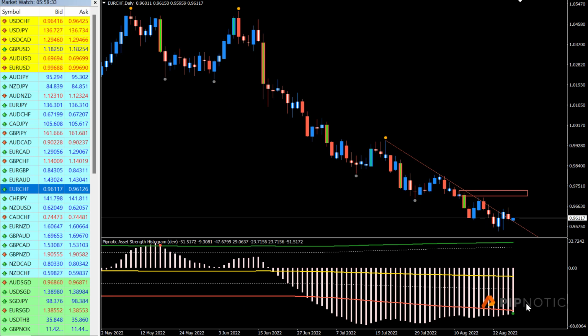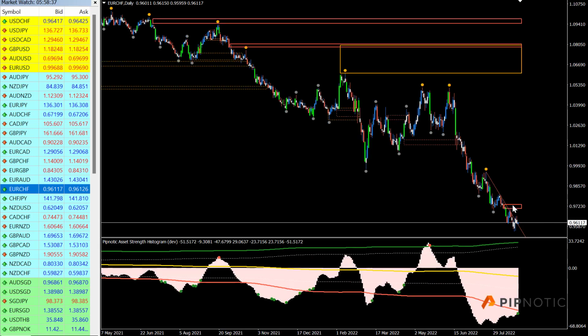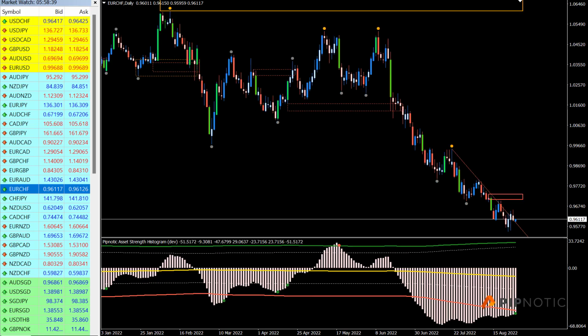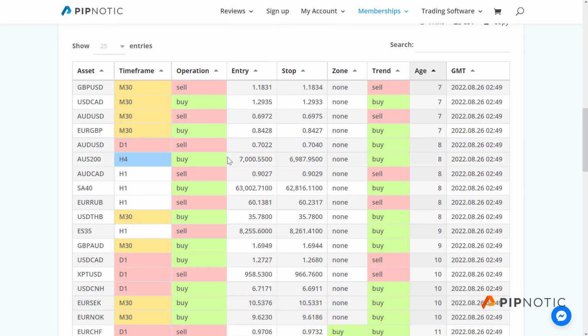And knowing that we have a histogram that looks like that, would you be comfortable selling here? Me neither. So I wouldn't take that trade. And so in the dashboard, I can filter all of those out, saying that we're not going to show buy signals in sell zones and sell signals in buy zones.